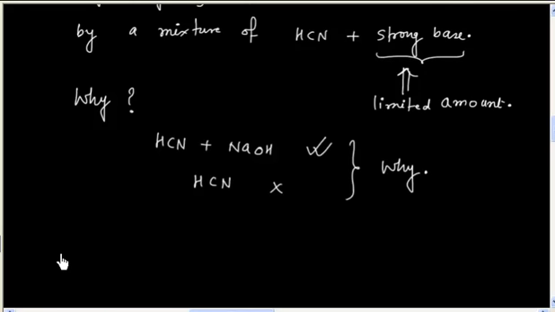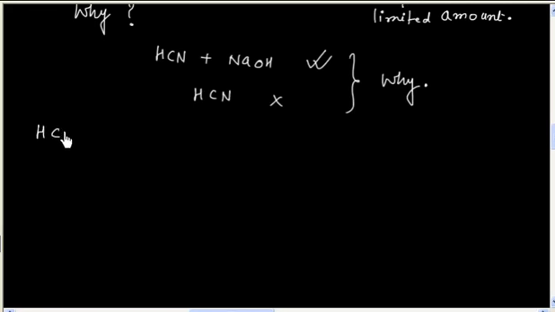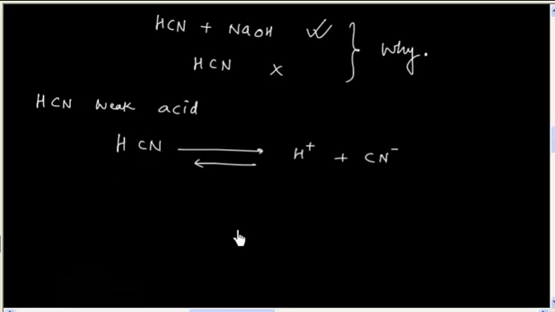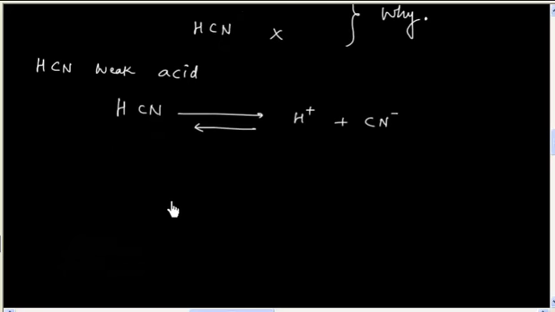Now in this case the reason is very simple. HCN is a weak acid and it ionizes to a very small extent. So this process of ionization has a very low degree of dissociation, around 1%, 2% or 3%.